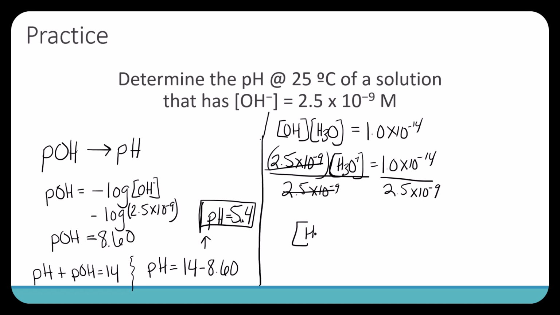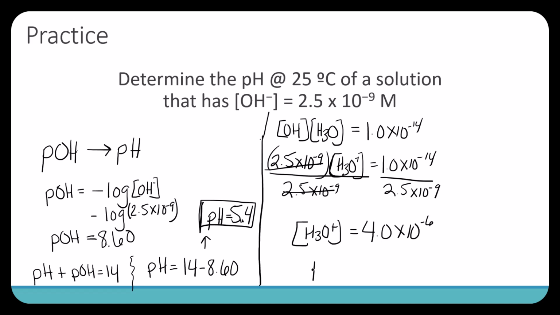And I get the hydronium concentration is 1.0 times 10 to the negative 14th divided by 2.5 times 10 to the negative 9th. And I get that this is 4.0 times 10 to the negative 6.